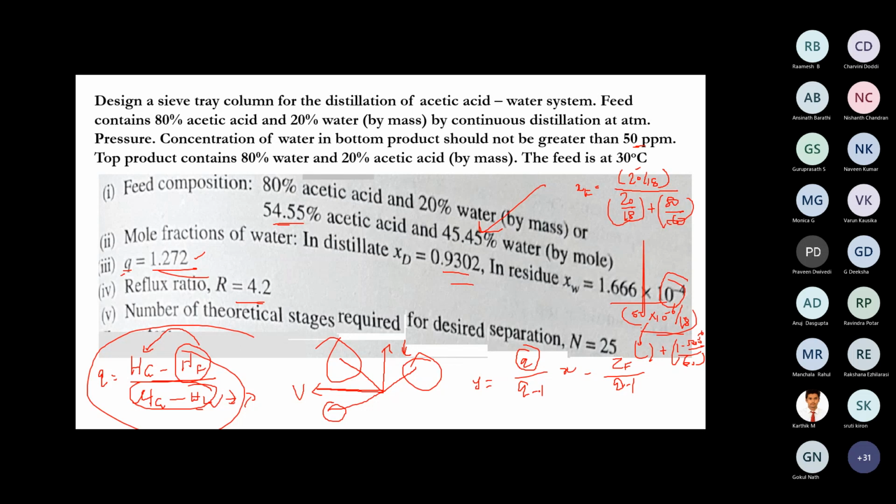It starts from X equal to Y, that is the ZF point, and the slope is Q by Q minus 1. We know that Q is the heat required to convert the feed from its condition to saturated vapor, divided by the molar latent heat of vaporization. Then you have to calculate the R minimum.